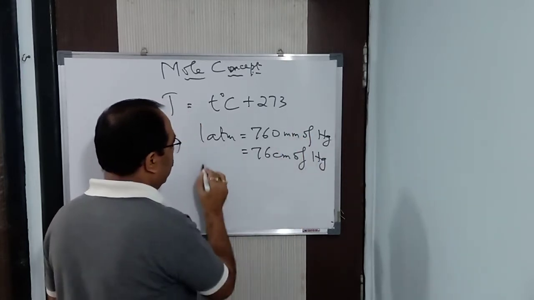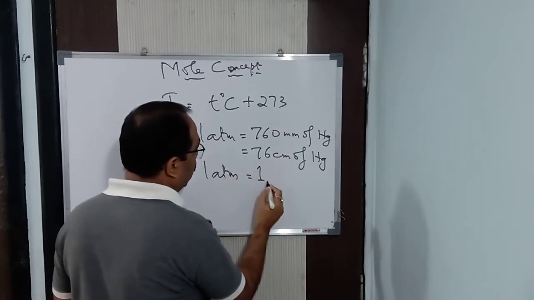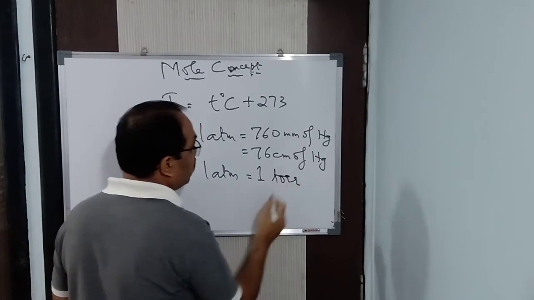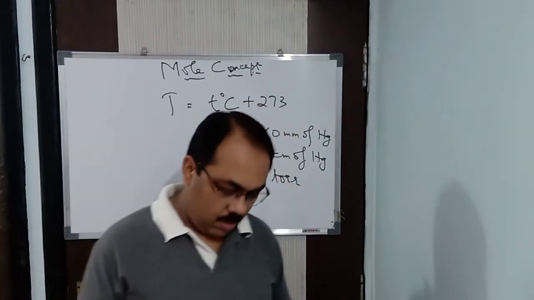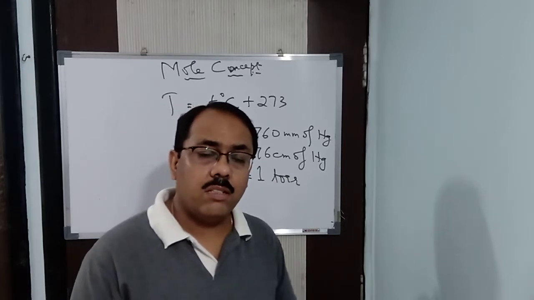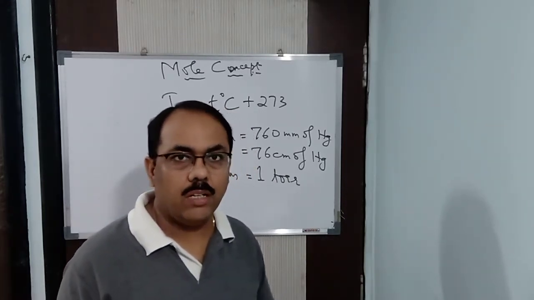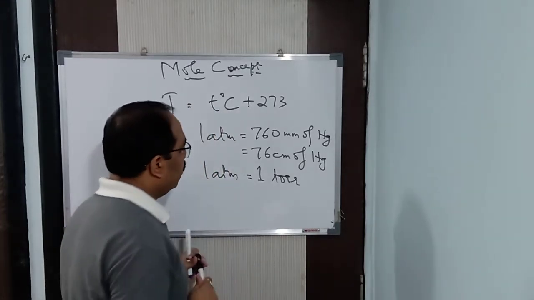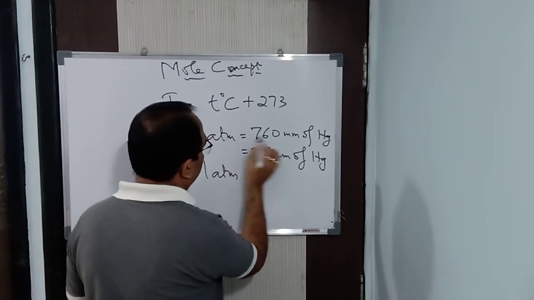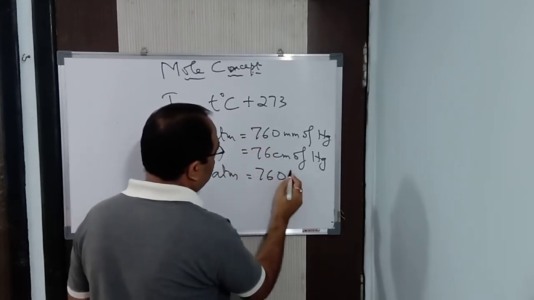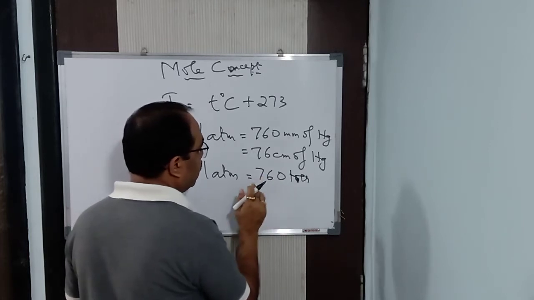Torr means Torricelli; Torricelli was the name of a scientist. So 1 ATM is nothing but 760 mm or 760 torr, we can say that. Clear, instead of 1 torr I can write it as 760 torr.